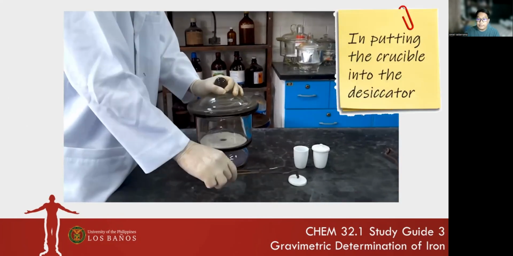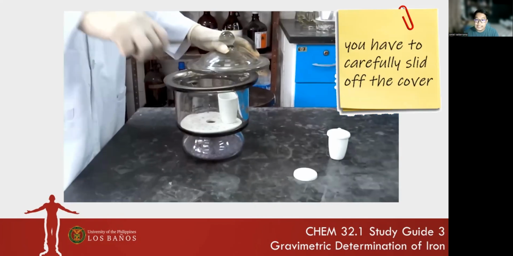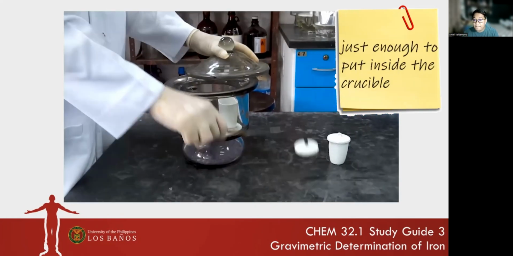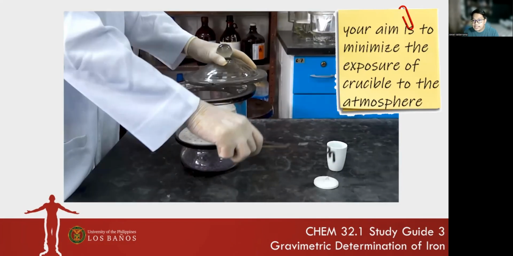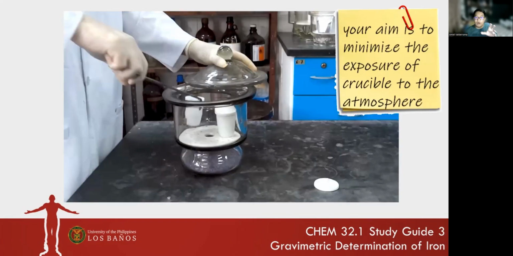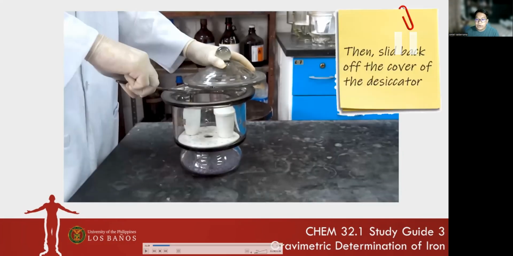And on the left side, we have your desiccators. All you have to do is place the crucible inside the desiccator after some time. The manner of doing it is you just slide off the cover of the desiccator, since the desiccator has grease on its cover and you cannot actually pull the cover from bottom to top.